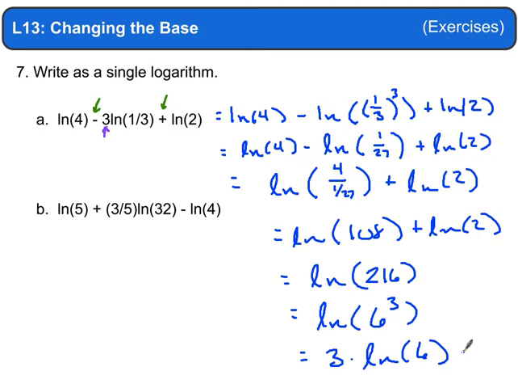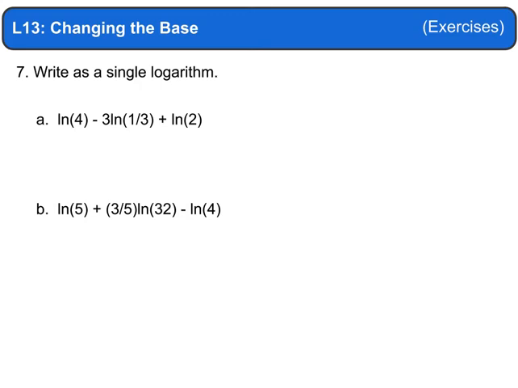So now if we look at letter B, same idea. We're going to move this 3/5 to the inside. So that'll go to there. So we can write that the natural log of 5 plus the natural log of 32 to the 3/5 power minus the natural log of 4.